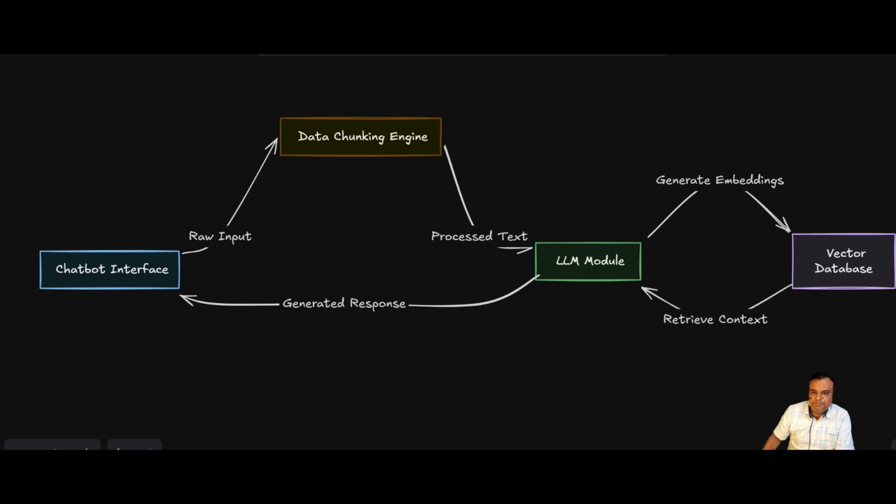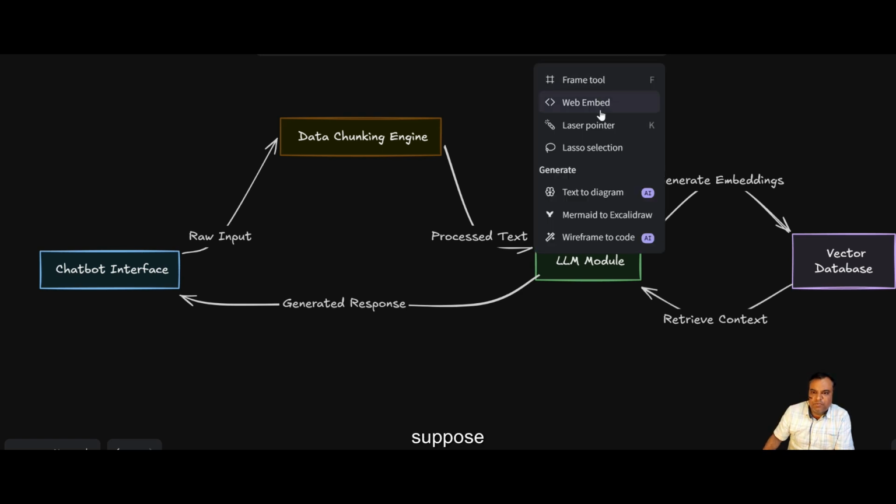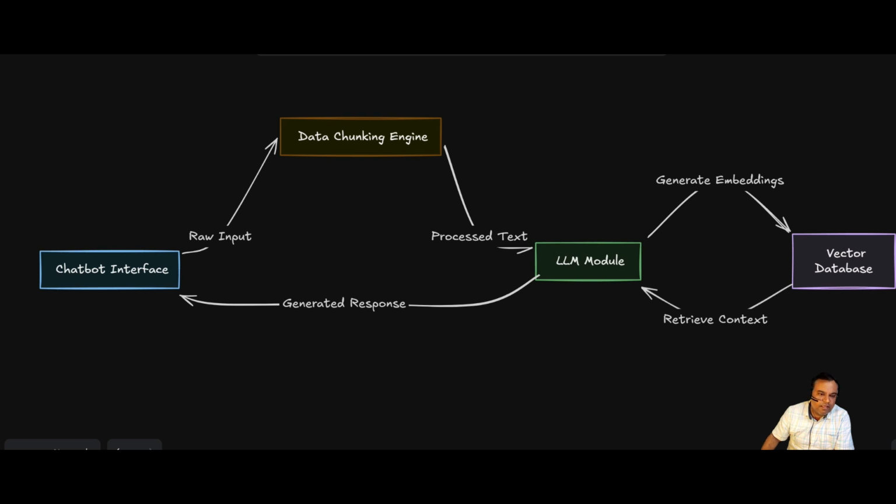So suppose, like any chatbot or any AI chat, either you are using OpenAI or Gemini, the first layer is a chatbot. Anything you type in the chatbot, the raw input goes to a process called data chunking.